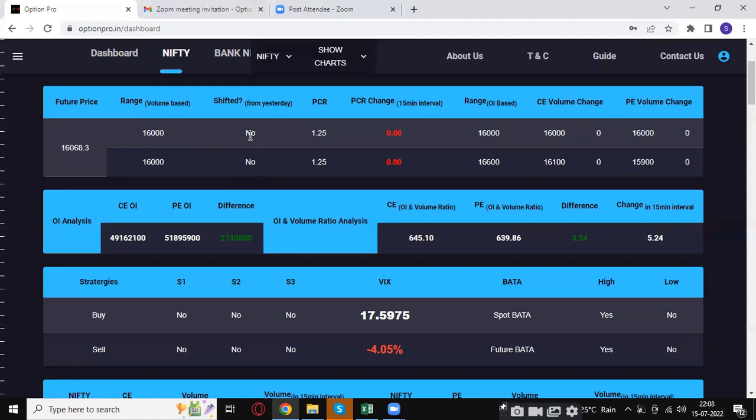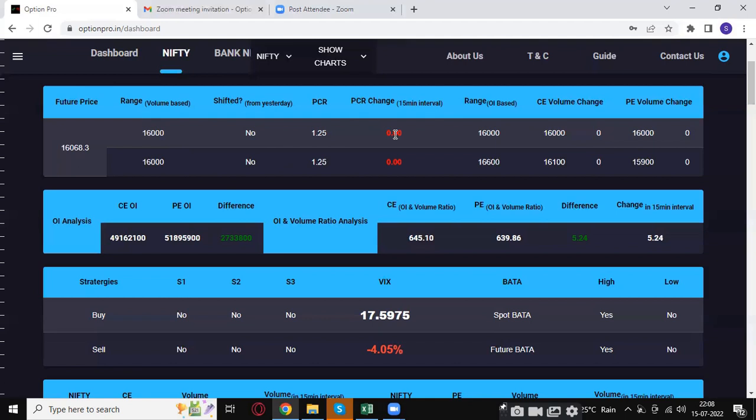You can get this indication from it. Again, we have given the PCR for the C and P range here. What is the PCR, and what change is happening in 15 minutes? If it is increasing in 15 minutes or 5 minutes, then it's a positive sign. If it is decreasing in 5 minutes or 15 minutes, then it is a negative sign.